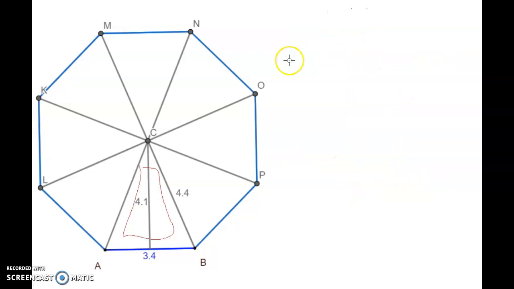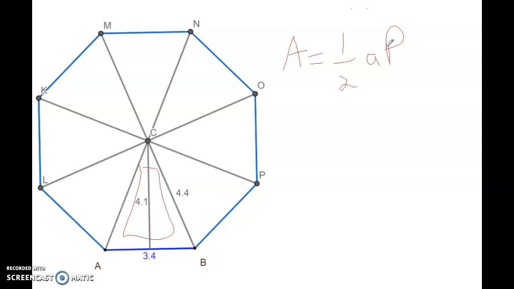The formula that we're going to use is called the apothem formula. So A equals 1/2 AP. Now this big A is the area, the little a is the apothem. P is the perimeter.